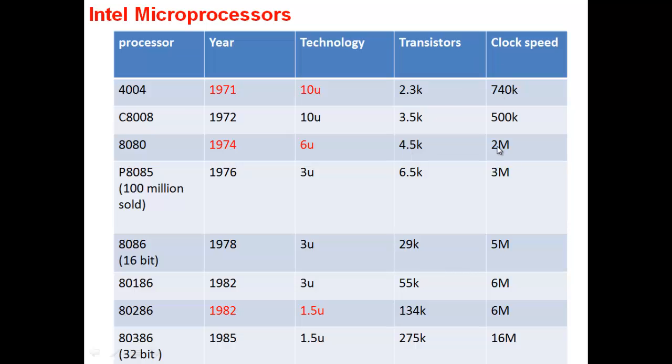And look at the speed also is improving from clock frequency of 740 kilohertz to 2 megahertz. You can see here from 6 micron, they shrunk it to 3 micron, and from 3 to 1.5, right? And constantly, what you can see here, the number of transistors that you can pack is increasing. Number of transistors in an IC is increasing. The clock speed is also increasing.